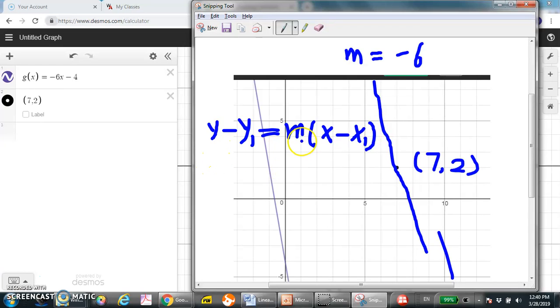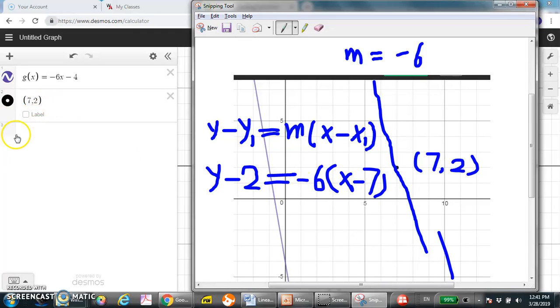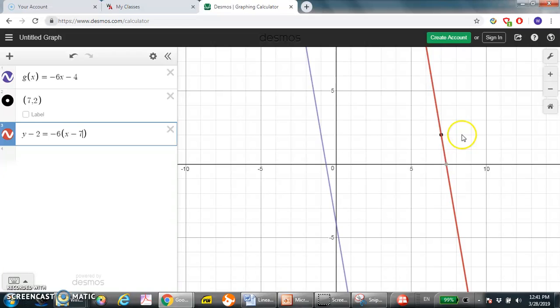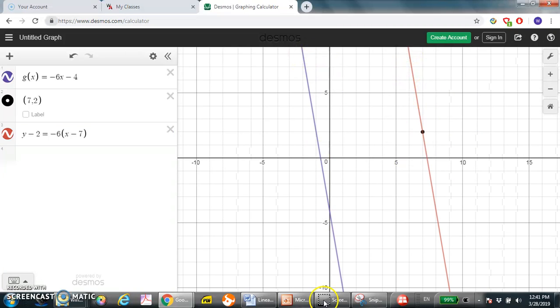This says if a straight line has a slope m and contains the point (x1, y1), then the equation can be determined by this formula. Now m is -6, x1 is 7 and y1 is 2. So it's y minus 2 equals -6 times x minus 7. Now you see, the straight line we generate is parallel to g(x), and it passes through the point (7, 2).